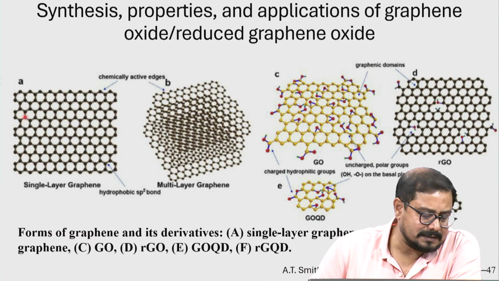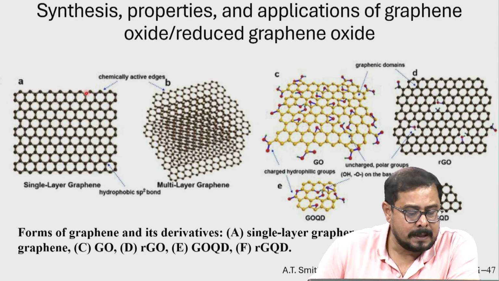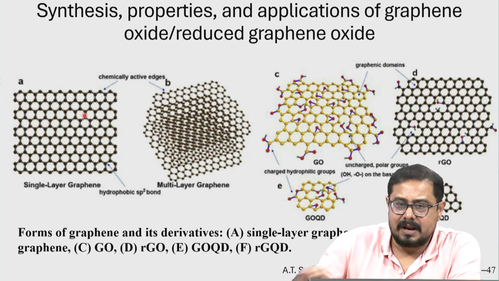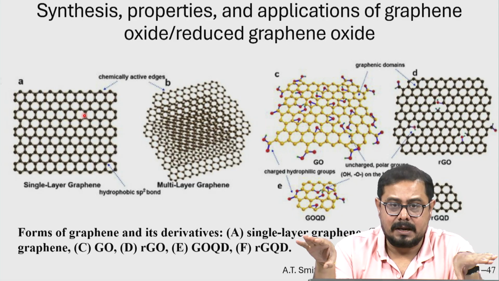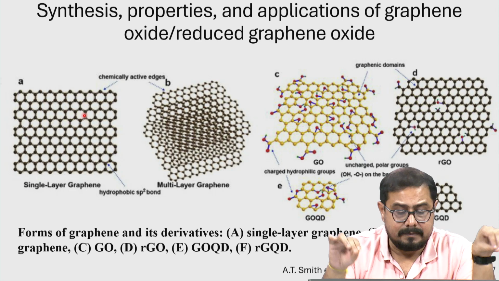If you look at a single layer graphene, you can see the carbon is sp2 hybridized and planar, with a hexagonal shape. That is the reason it is planar, as well as very transparent, and graphene or graphene oxide is basically very stable.